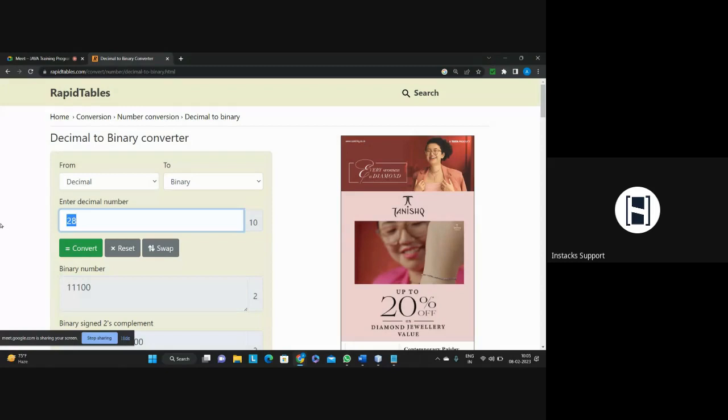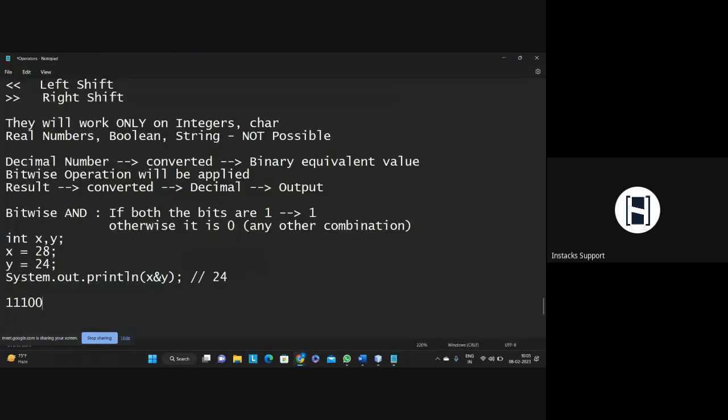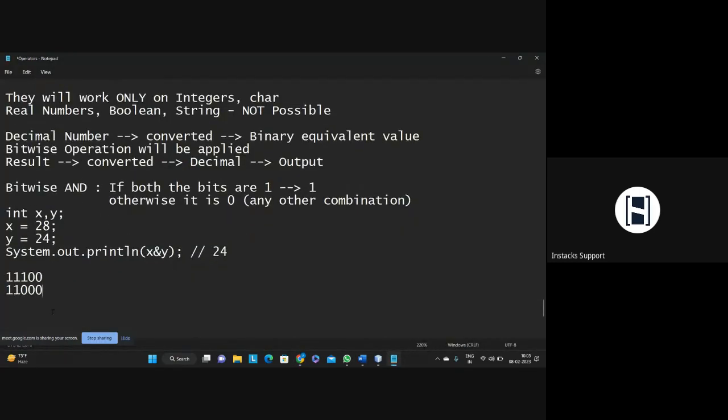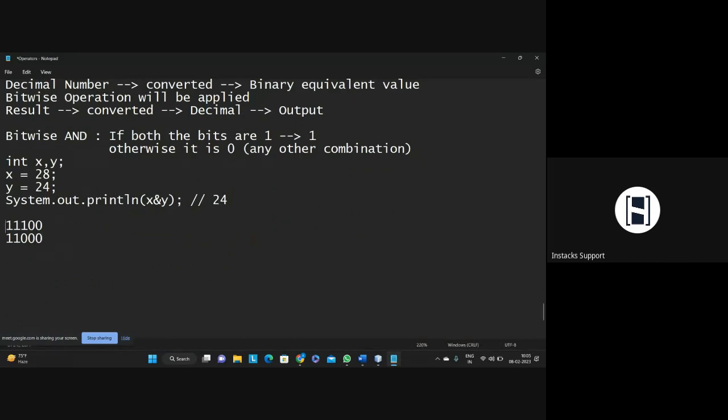I want to know what it is for 24. Again, convert. This is for 24. Okay, so 28 equals this, and 24 equals this. Right, so now apply the AND operator.